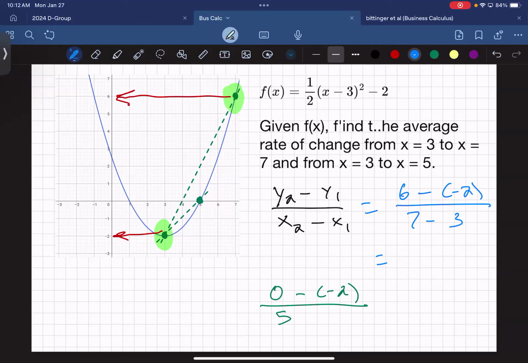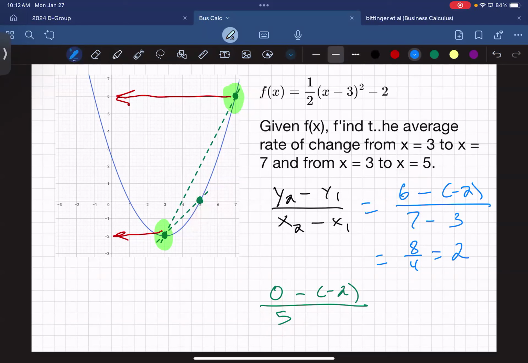I was supposed to do 7 with the first one, okay? So that would give us 8/4, which is 2 instead of 4. Still positive, but it should be 2 instead of 4. My bad. Now, with that said, the second one should have the 5, not the first one. Okay. I had the y value correct, but I used the wrong x value there.